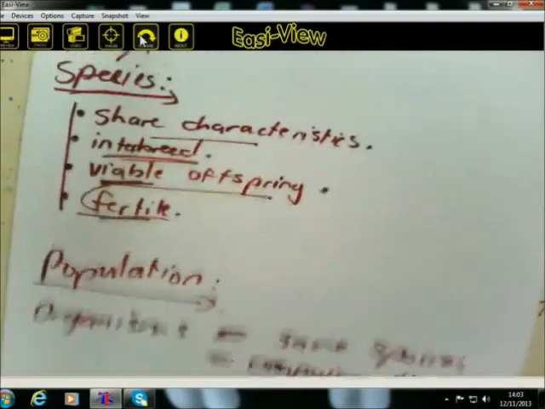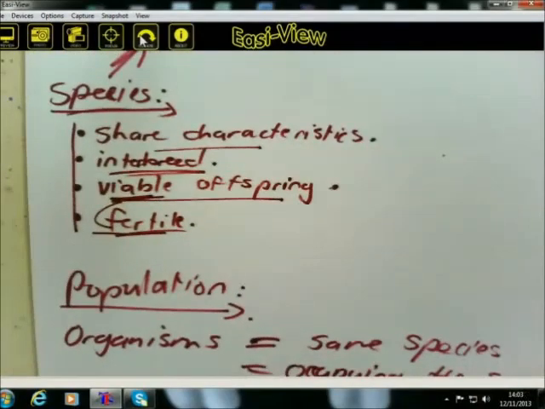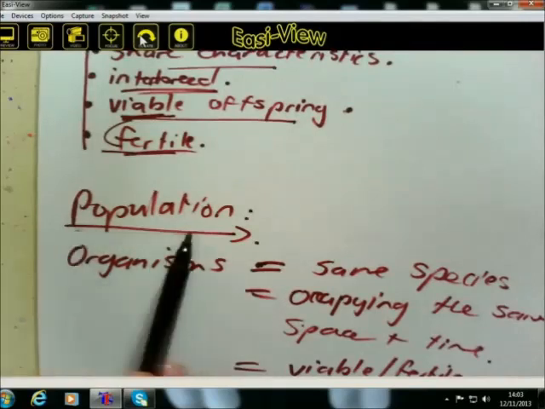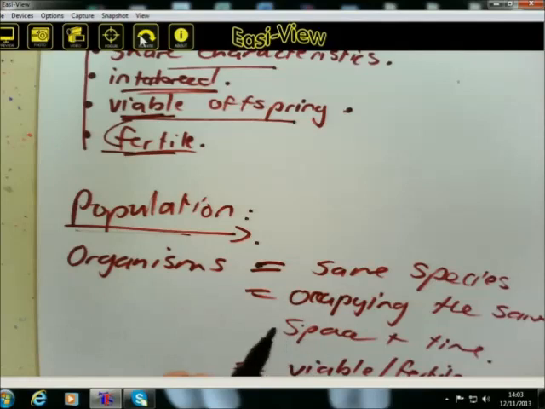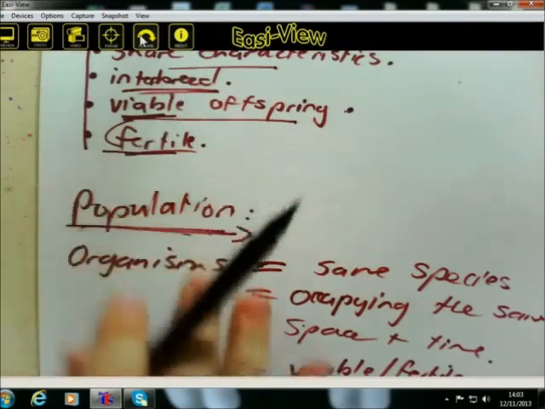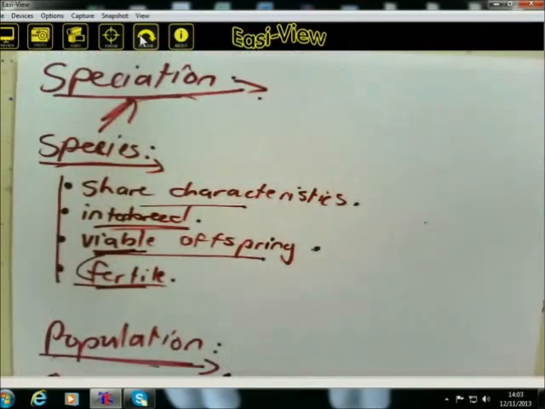Okay, so these two concepts, this idea of what a species is, and the idea which follows on from that, what a population is, are very important. Until we understand what the characteristics are that are needed to be classified as either a population or a species, it makes speciation very difficult.